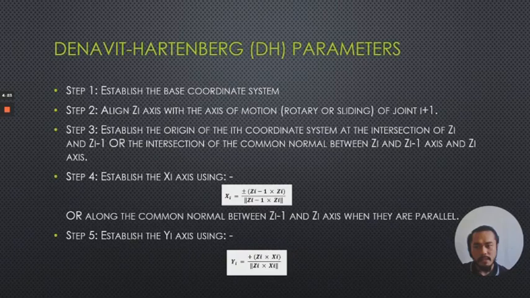Step 3 is to establish the origin of the i coordinate system at the intersection of Zi and Zi minus 1, or the intersection of the common normal between the Zi minus 1 axis and the Zi axis. Step 4 is to establish the Xi axis using the formula. And then step 5, establish the Yi axis using the formula stated.